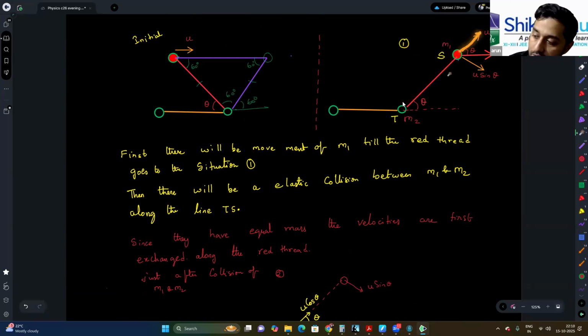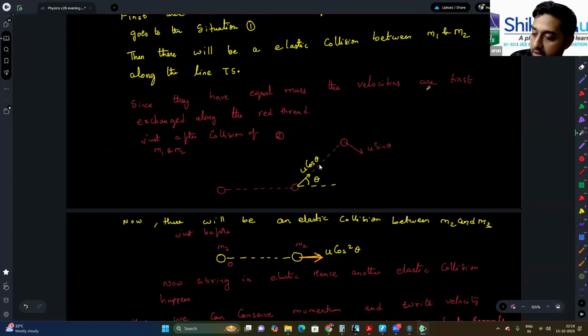So this velocity u cos theta is given to this body m2, and after a moment we'll observe that m1 will have u sin theta left out and m2 will have a velocity of u cos theta. Since they have equal masses, the velocities are exchanged along the red thread. Along this red thread, the velocities are exchanged and this will have zero velocity. This has u cos theta.